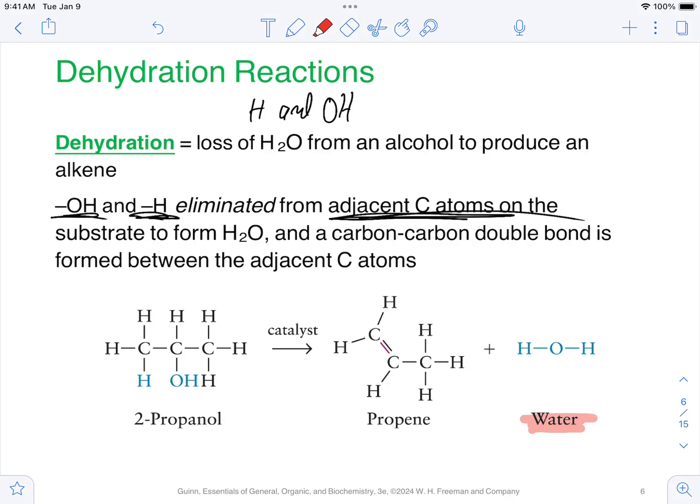So you can see down here, water is a product, and an alkene will be a product. Your alcohol is your reactant. Once you take the H and the OH away, in this case it's here and here, you are forming a double bond between those C's to get your alkene.